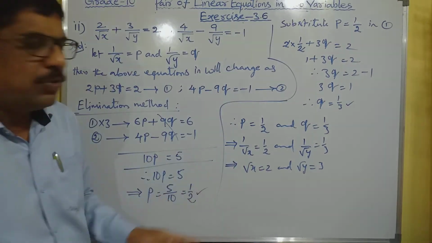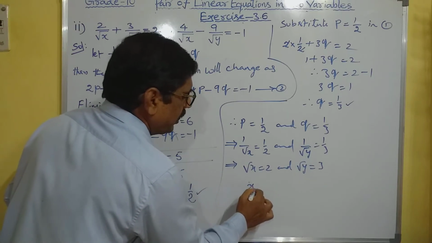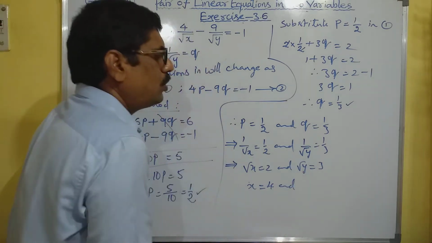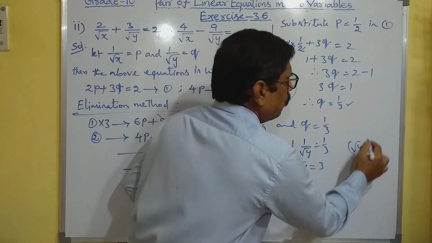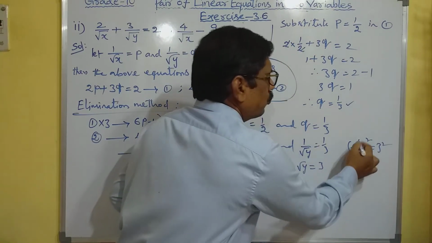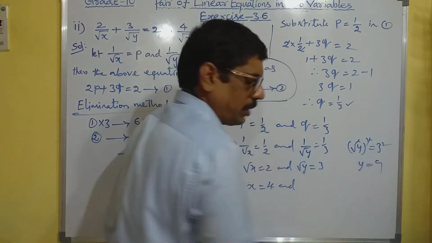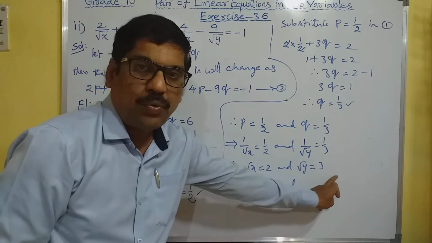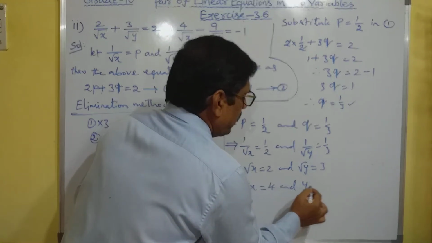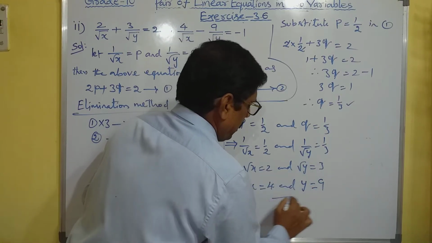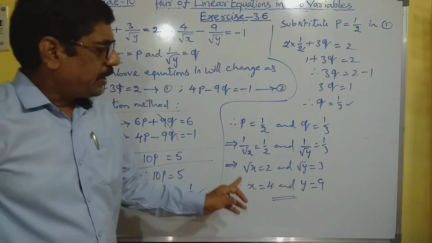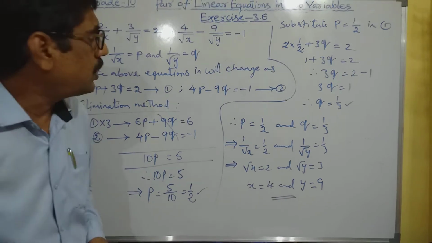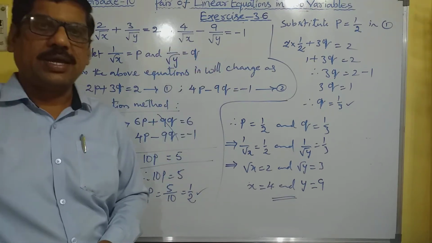Now, squaring on both sides, we get root x whole square is x, and 2 square is 4. And if you square on both sides, root y square is equal to 3 square. Square will cancel, y is equal to 3 square, 9. Therefore, x is equal to 4 and y is equal to 9 is the solution for the given pair of linear equations.